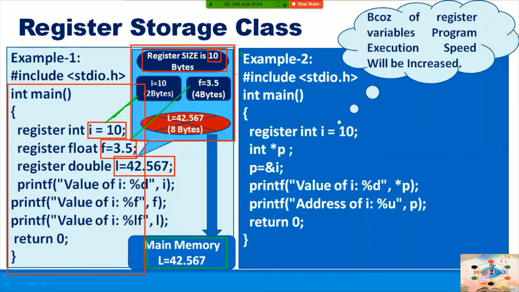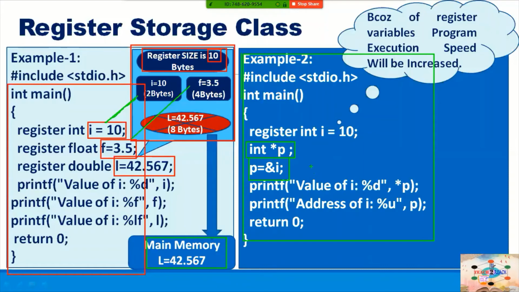In the second example, in this program, one pointer variable is declared and one register type integer variable is declared, and this integer pointer is assigned the address of the integer variable of register type.